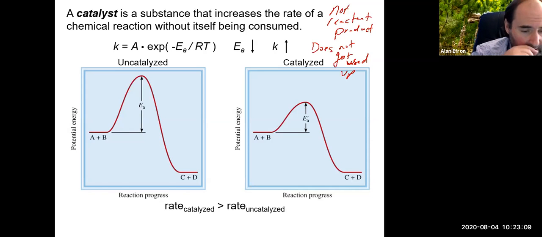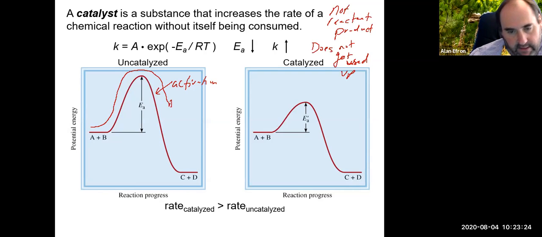And ultimately, the way it's able to do that is that a catalyst affects the activation energy. So in a non-catalyzed reaction, these guys have to climb this hill all the way to the top to get to the other side. While if we add a catalyst to the same reaction, because of this alternative pathway, the activation energy hill gets a lot smaller, as you can see.